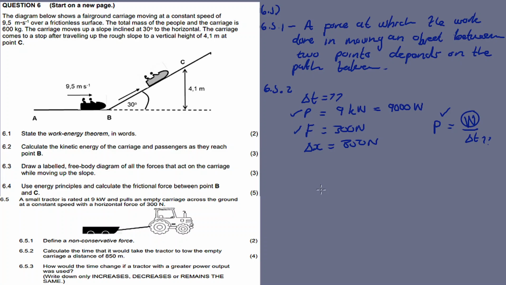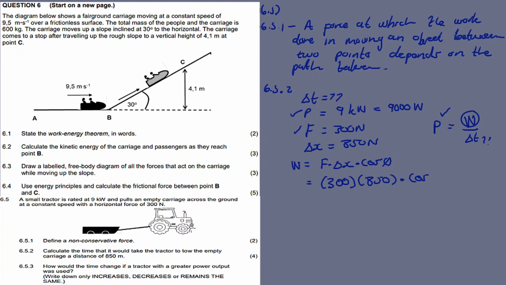Let us calculate the work done. Work done is equal to force times delta x times cos theta, so the force is 300 times 850 times cos theta. What is the value for theta?